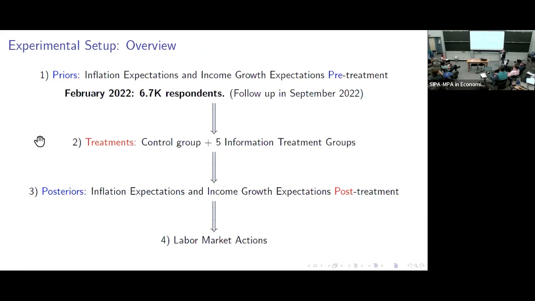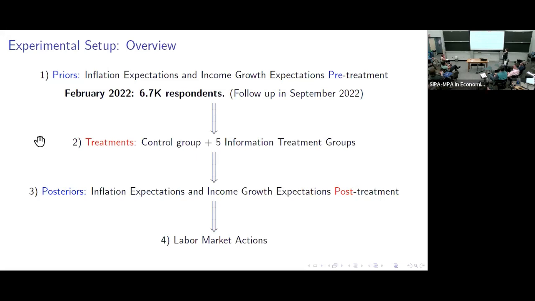So let me jump right into the experimental setting. The first wave of this RCT experiment was run in February 2022. We surveyed about 7,000 respondents. We also had a follow-up later on, which we call the second wave, in September 2022, that completely validated what we initially found. So the first step of the survey is that we're going to collect prior inflation and income growth expectations.